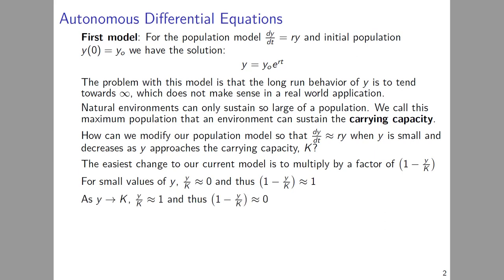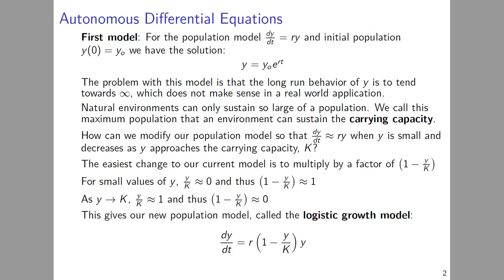And as y goes to k, y over k is roughly 1, and thus 1 minus y over k is roughly 0, meaning that our rate of change for the population, dy/dt, also is tending towards 0. This gives our new population model called the logistic growth model, which is dy/dt equals r times our new factor, 1 minus y over k, times y.